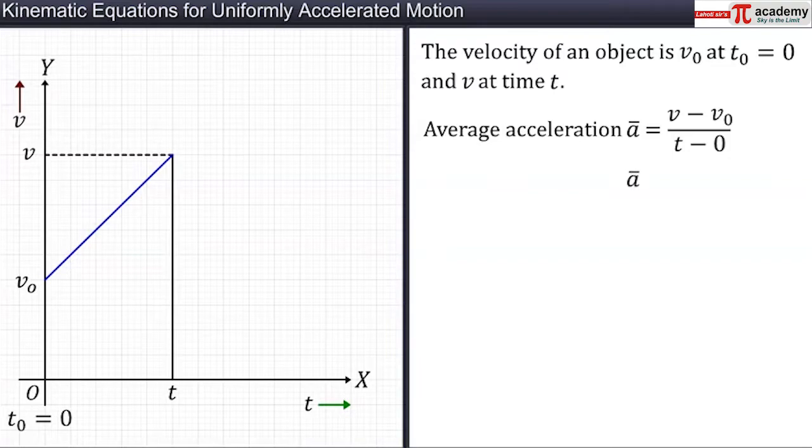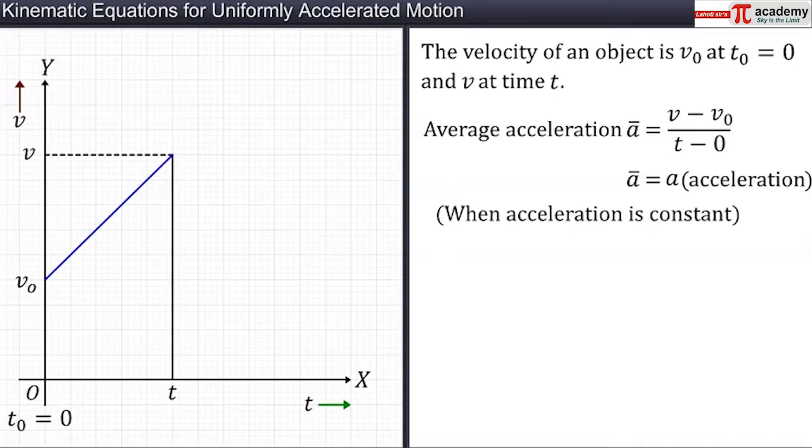The value of a dash is equal to acceleration when acceleration is constant. By cross-multiplying and rearranging, we get the value of velocity as the sum of v0 and the product of a and t. This is equation 1 of motion.